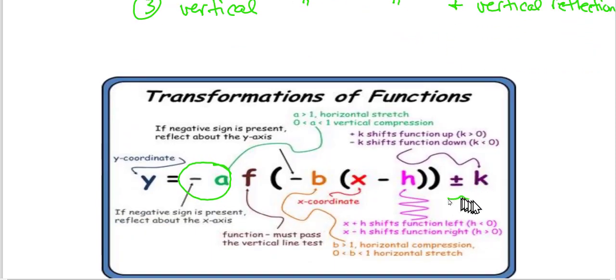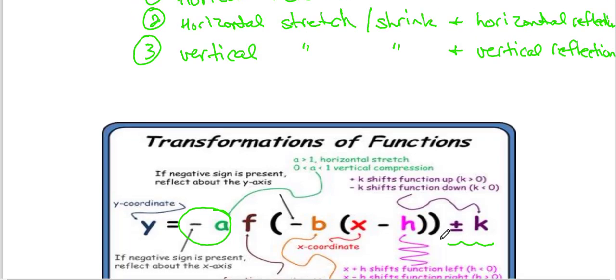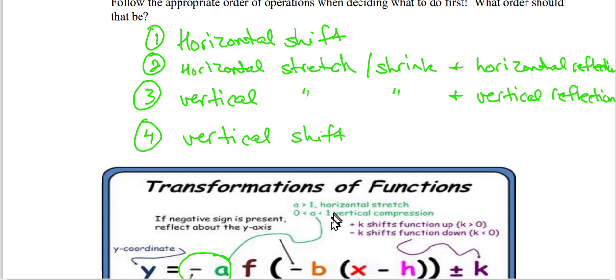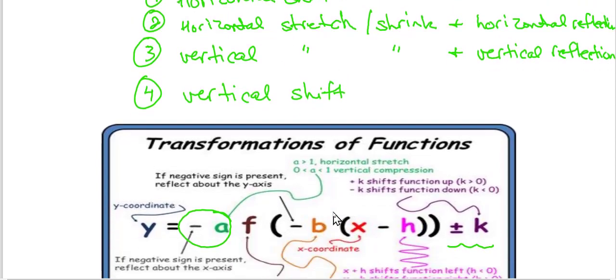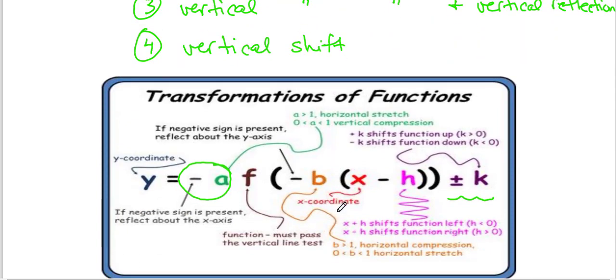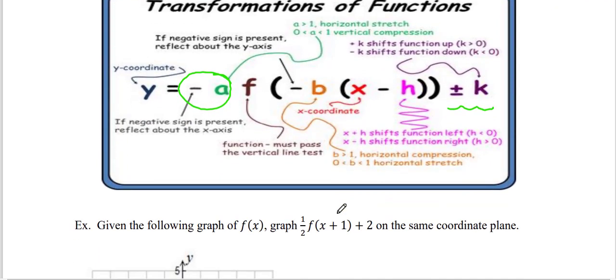And then last, you're going to add or subtract there. That is your vertical shift, or translation. That's what it's technically called mathematically. Up or down. Okay?